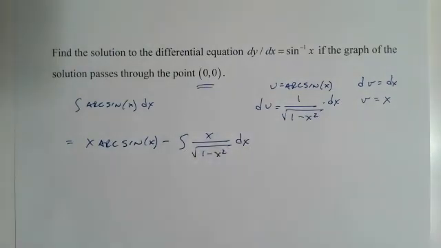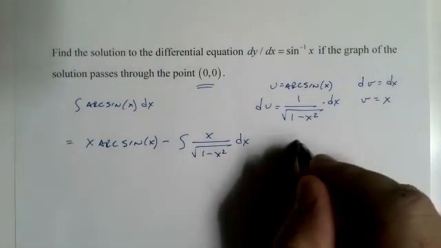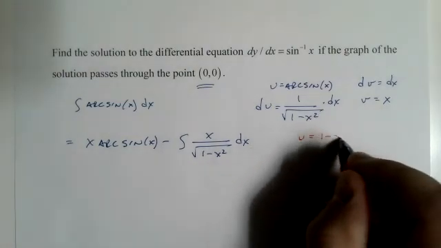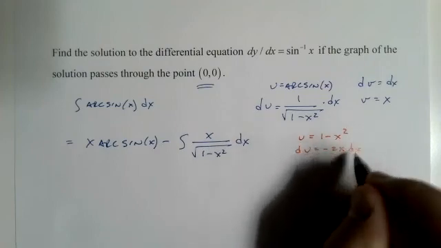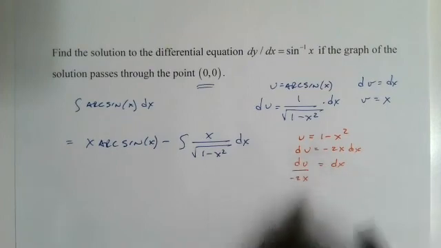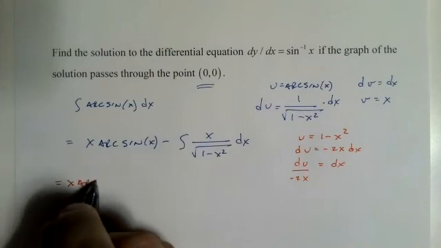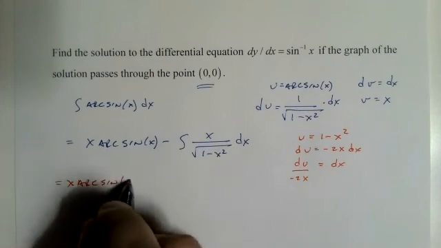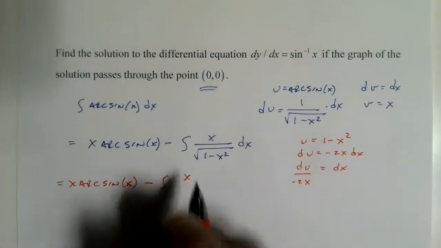Yeah, great. That helps so much. Now what am I supposed to do? Hey, use substitution. u equals 1 minus x squared, du equals negative 2x dx. dx equals du over negative 2x. Equals x arc sine of x minus integral. Don't know what to do with that.